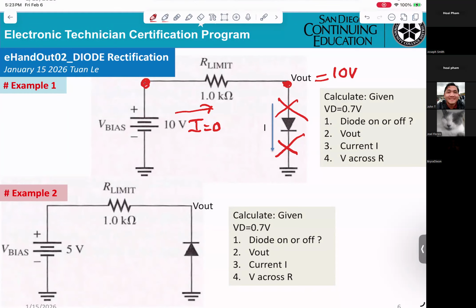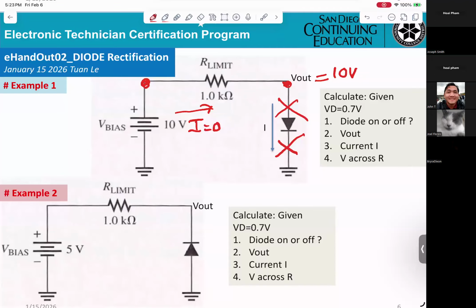Current flow equals 0. That tells you no voltage drop across 1K. If they don't drop any voltage across the resistor, that means the voltage has to be the same.